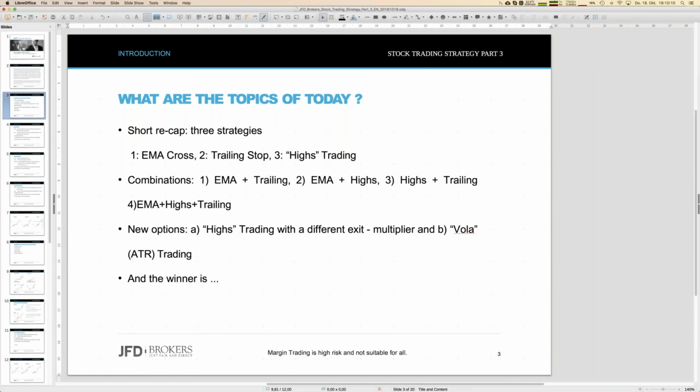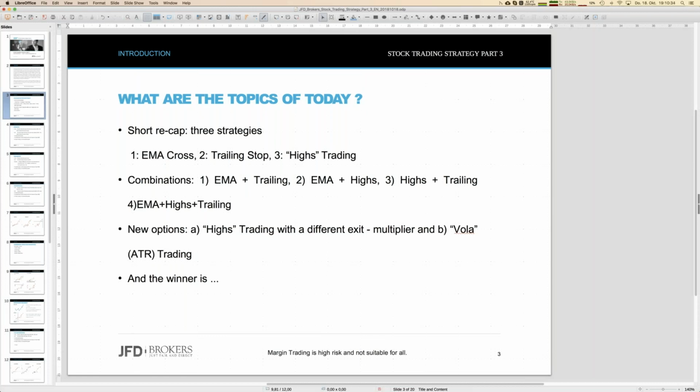You will later see what I mean by exit multiplier. And we thought about using the volatility as maybe an exit signal. If volatility increases, normally that might be a hint that we go into crash mode and everything goes south.